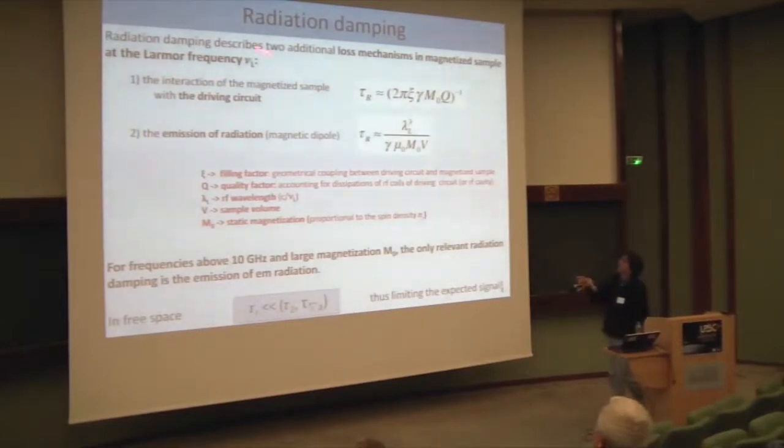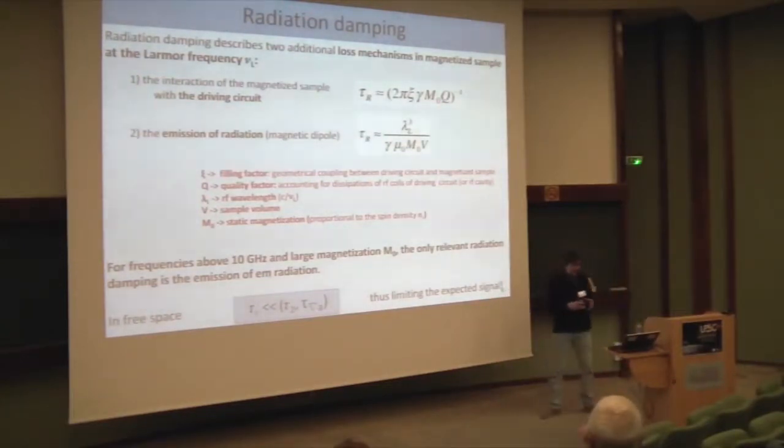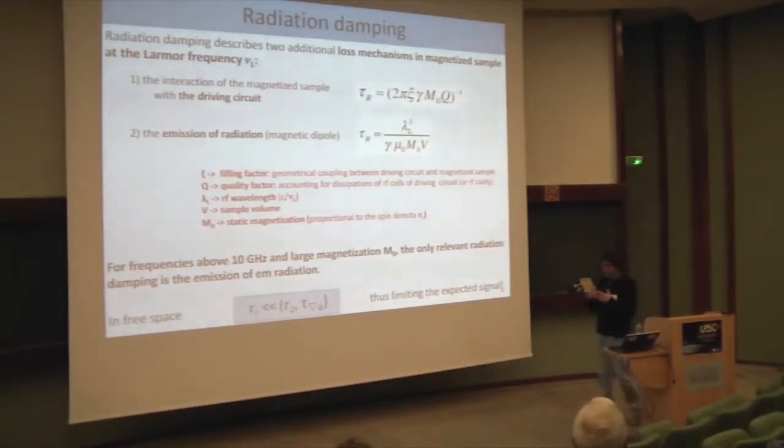So, for example, if I'm driving a circuit, radiation damping is related to the Q of your oscillator, which is probing the radio frequency in the sample. But it is also due to the emission of radiation. So, if you have, for example, in free space, a large magnetized sample, and you try to excite it, this can decay just by emitting radiation, and this decay is described by this radiation damping mechanism.